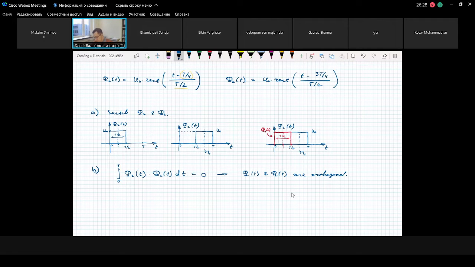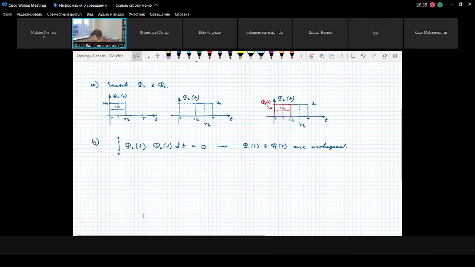And what's the meaning of orthonormality? In which case do we say that we have an orthonormal function basis? It means that the energy of each component, or the norm of each component in our basis, equals 1. We know how to calculate energy: the energy of phi1 equals the integral from 0 to capital T of phi1 squared of t dt.